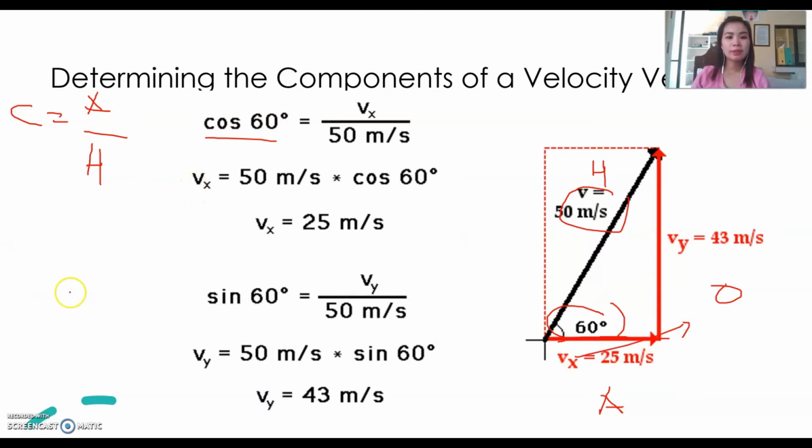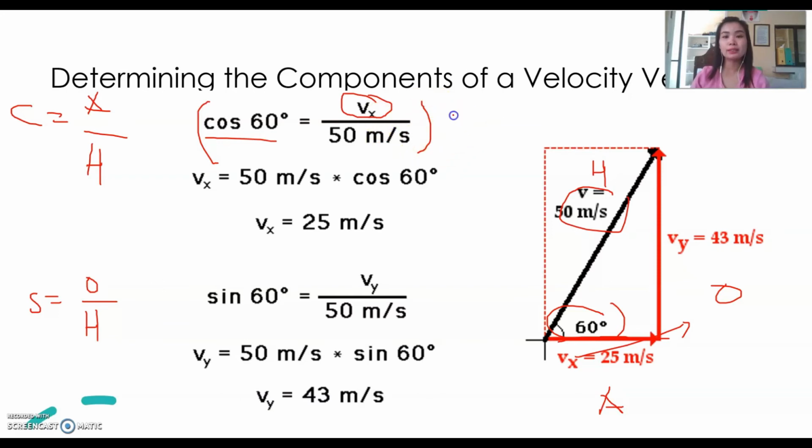Then we have sine, which is opposite over hypotenuse. Remember the derivation technique I gave you. Since Vx is our unknown, we can multiply both sides.